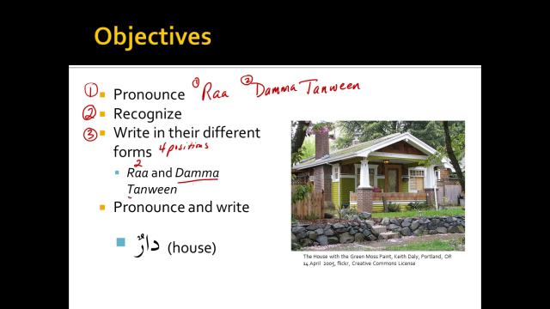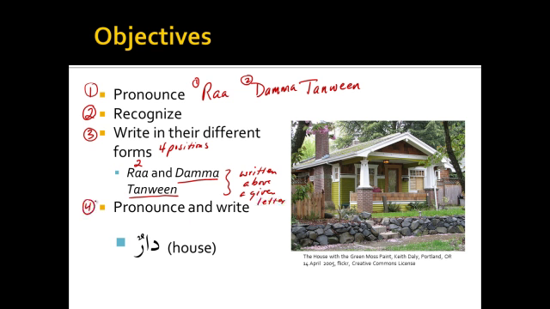Now the Damma Tanween, like the Kasra and the Kasra Tanween and the Damma, are written above the word. So the Damma Tanween does not have a position like the other letters. Rather, it is written above a given letter.